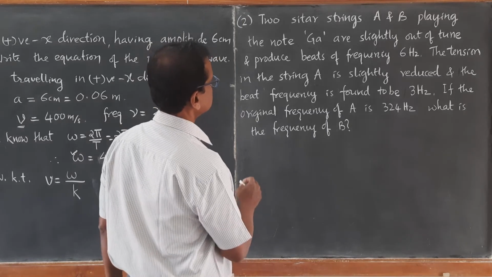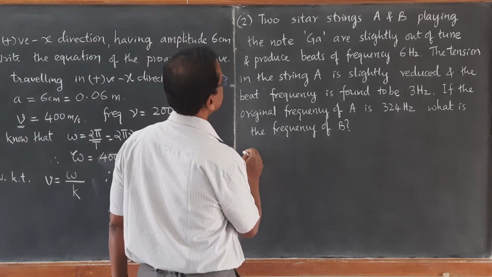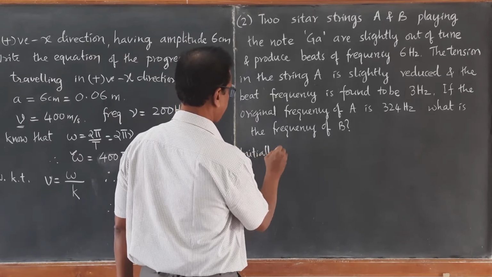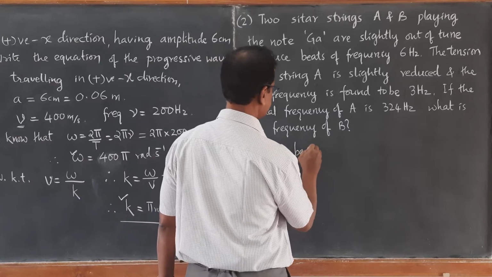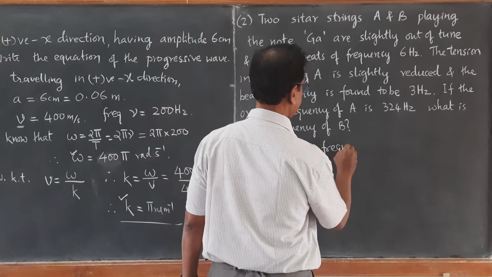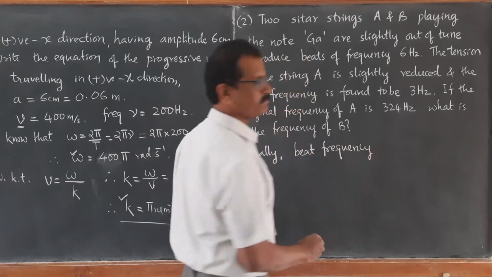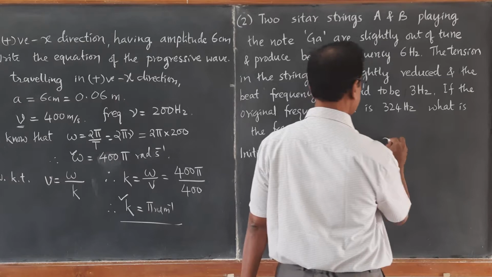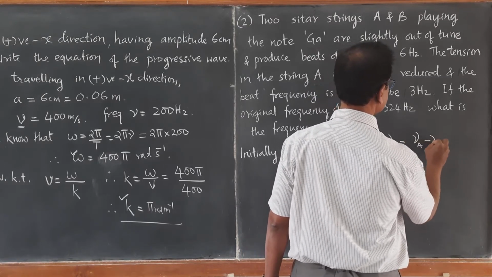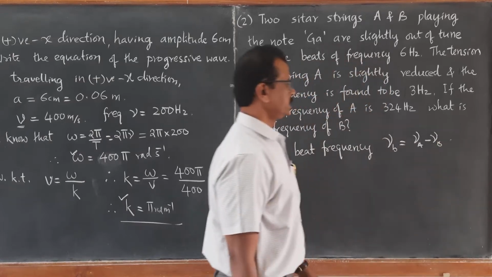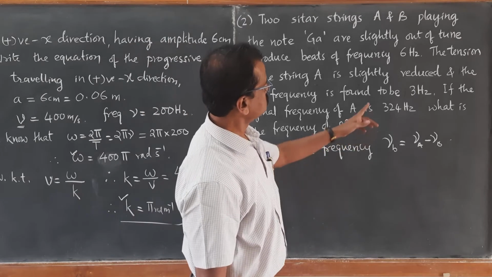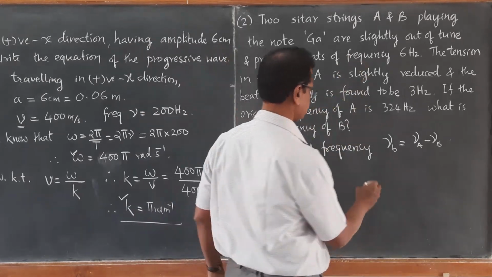Now first, initially the beat frequency is nu A minus nu B. The beat frequency is given as 6 Hz.